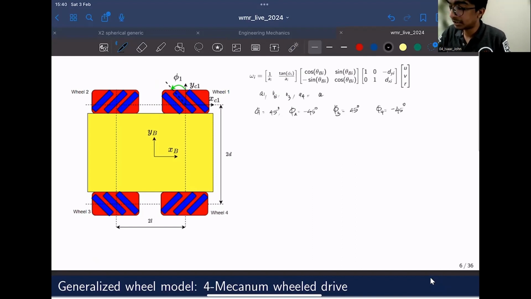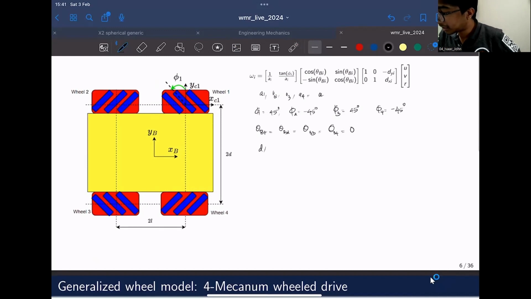And just like in the previous cases, theta bi is the orientation between the wheel frame XC1, YC1 and the body frame XB, YB. In this case also, there is no relative orientation between the wheel frame C and the body frame B. So theta B1, theta B2, theta B3 and theta B4 are all going to be 0.